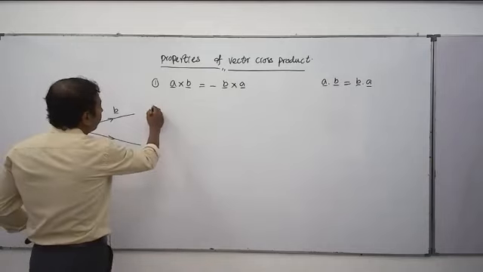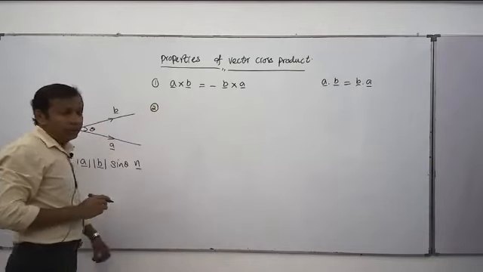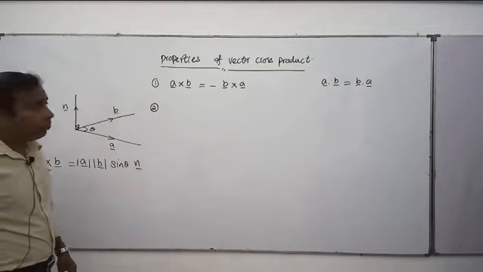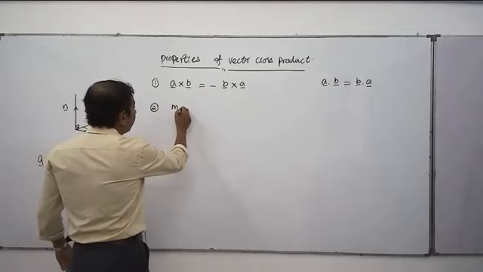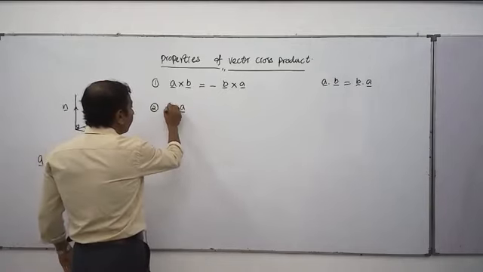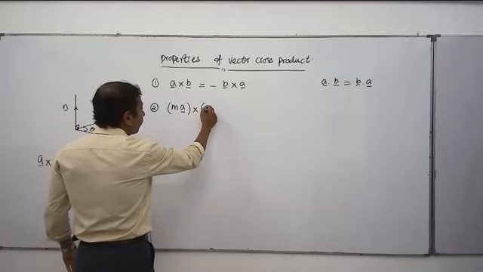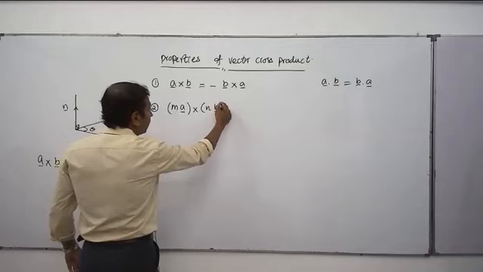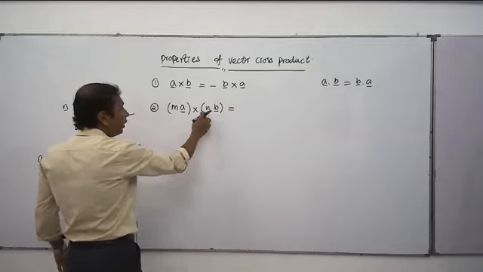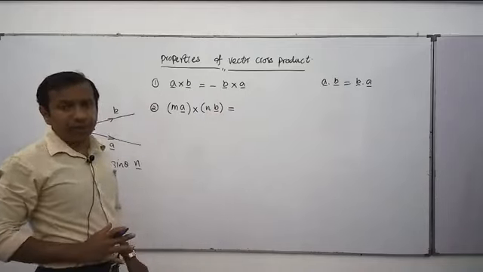Number 2, people, suppose M and N are real numbers, M times vector A cross N times vector B. These M and N are two real numbers like 2, 3.